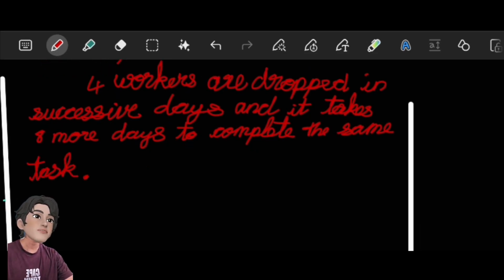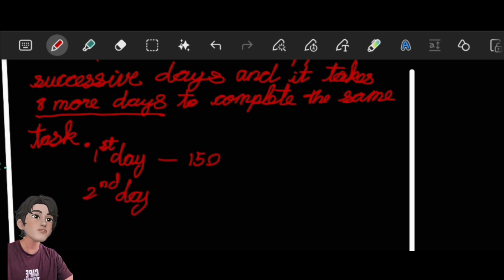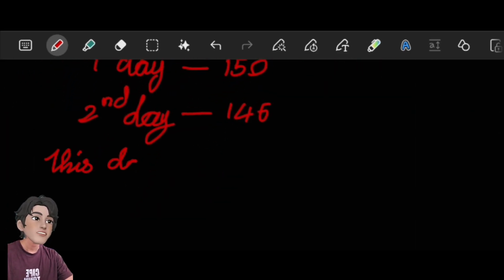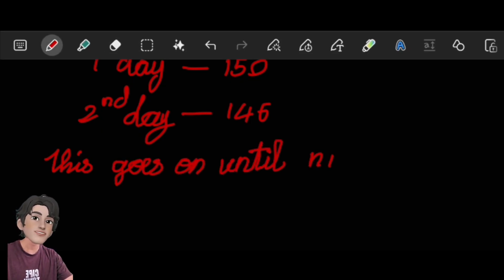The number of people who worked on the first day is 150. The first day it was 150, and as 4 members were dropped on the second day, it drops to 146. On the third day it's 142 and goes on. This goes until the n plus 8th day, as the work is completed in 8 days more than case 1.